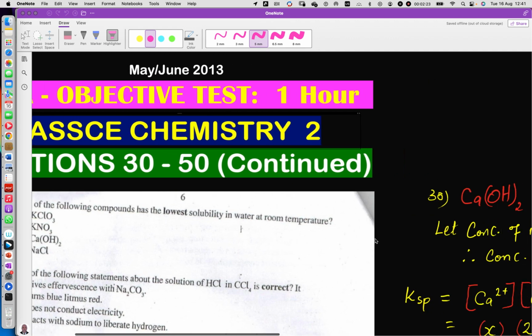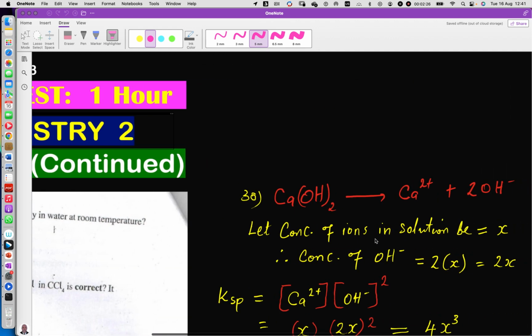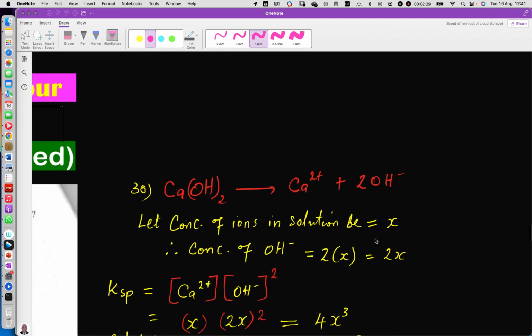And if we use the solubility product expression for calcium hydroxide, we will have this. Calcium hydroxide, when it dissociates in water, we will have the calcium ion and two hydroxide ions. Now, in calculation, let the concentration of ions in solution be X. For each ion there, let the solubility be X. Then let's look for the solubility for OH ion.